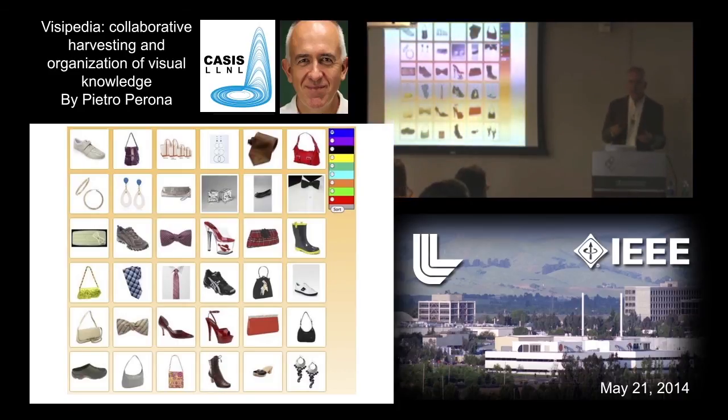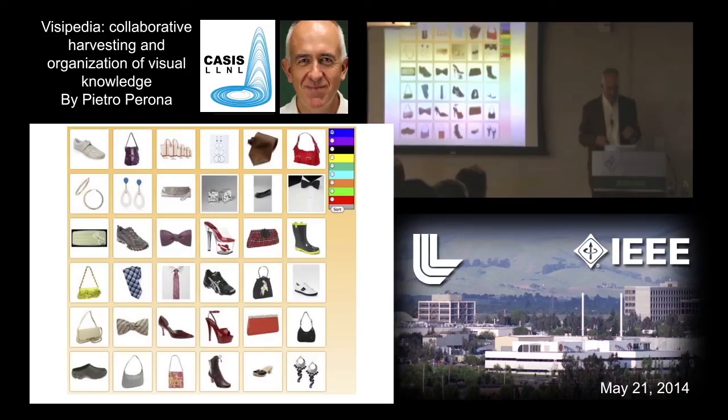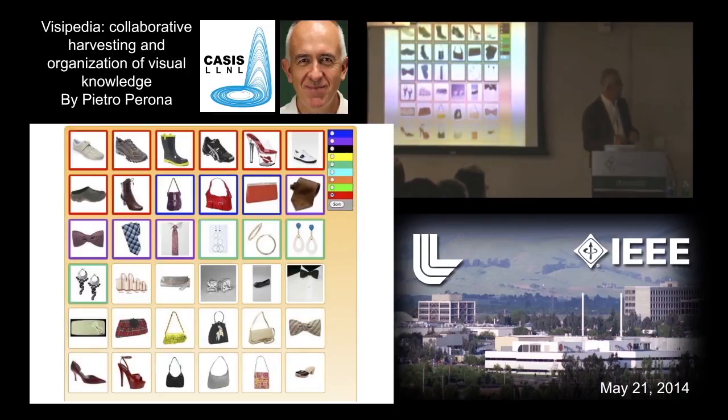And then once they were done, repeat with a new color until they had gone through the whole display. If a picture didn't fit in any group, they would have to leave it blank. A very simple task. And so this is halfway through doing it, and you see that somebody here has decided that shoes, no matter how they're shaped, are one category, handbags are another, neckties are another, jewelry is another, etc.